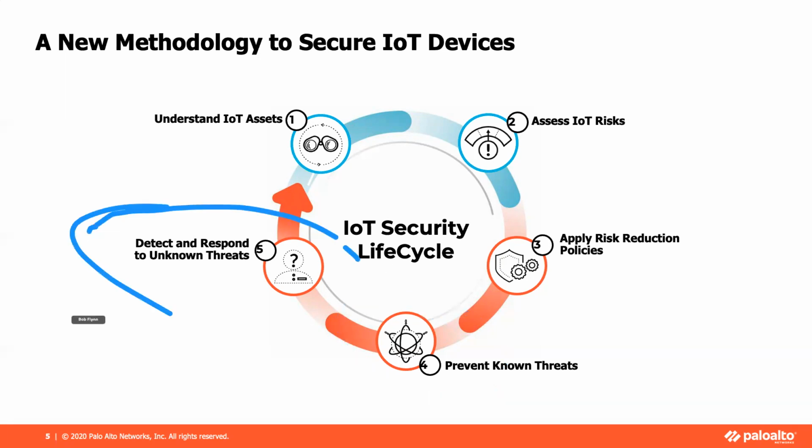New and previously unknown threats need to be addressed also. And we have the ability to do that here at Palo Alto Networks with things such as WildFire, machine learning, artificial intelligence, things like that, to be able to address both known and unknown threats.